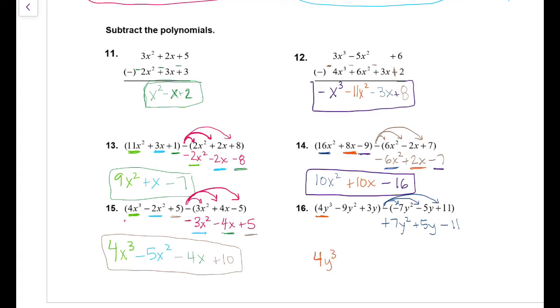There are no other y cubes, so we put that one by itself. Negative 9y squared plus 7y squared gives us negative 2y squared. We combine the y's to be 3y plus 5y, which gives us 8y. And then we have that negative 11 all by itself at the end.